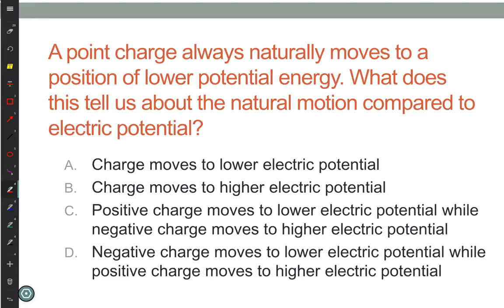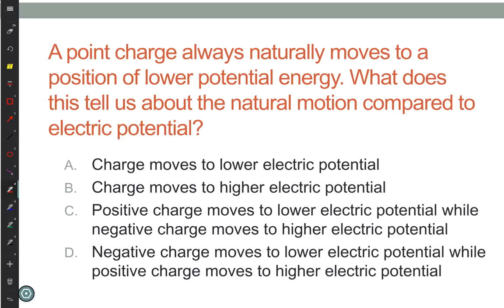A point charge always naturally moves to a position of lower potential energy. What does this tell us about the natural motion compared to electric potential? And yes, this was where we ended class on Wednesday. All right.